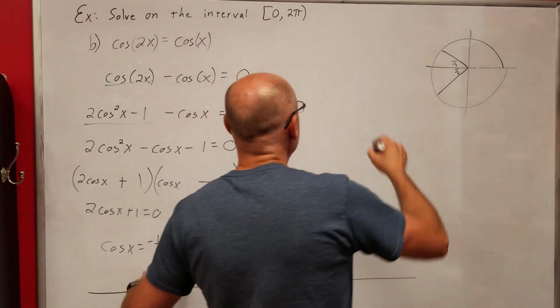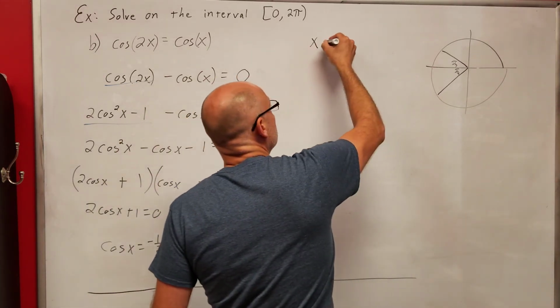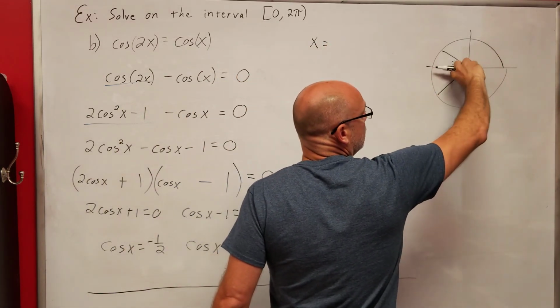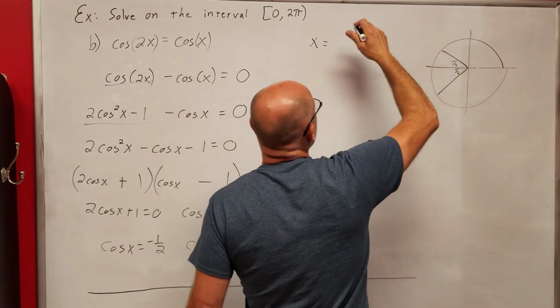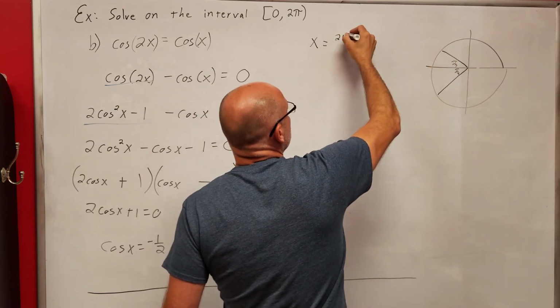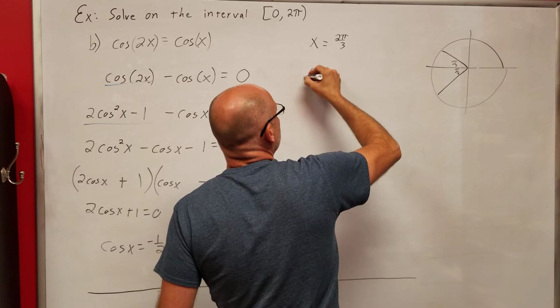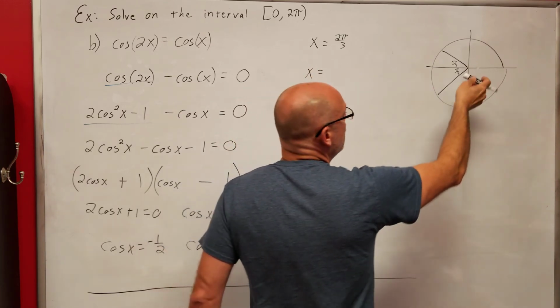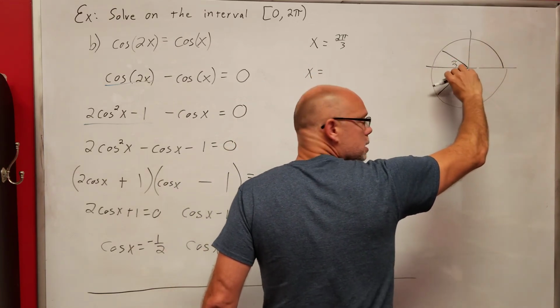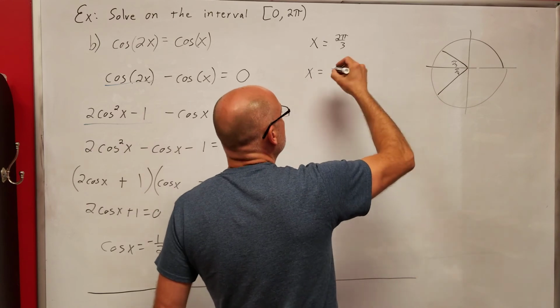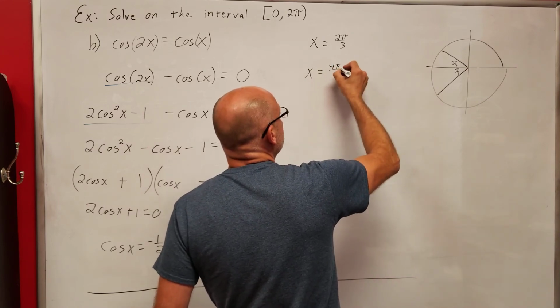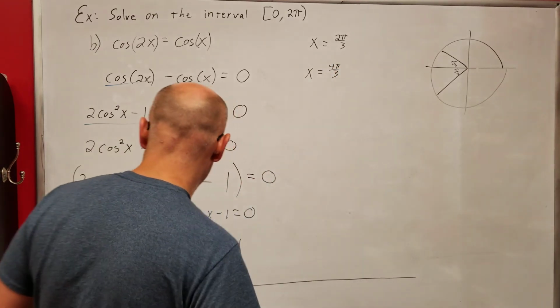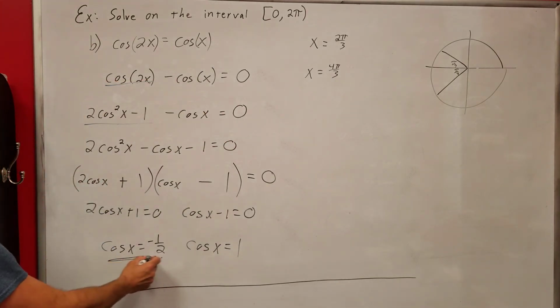So what x values do I get from here? I get pi minus pi over 3, or 2 pi over 3. And I get x is equal to pi plus pi over 3. Or what does that give me? 4 pi over 3. That's for this one right here.